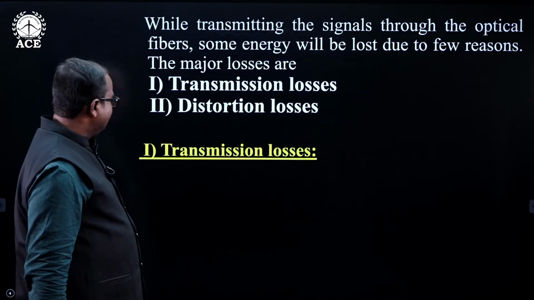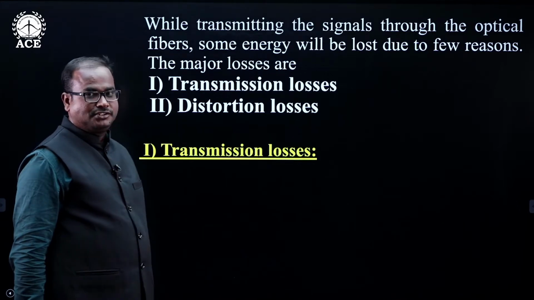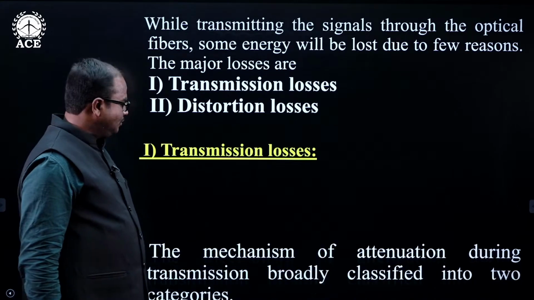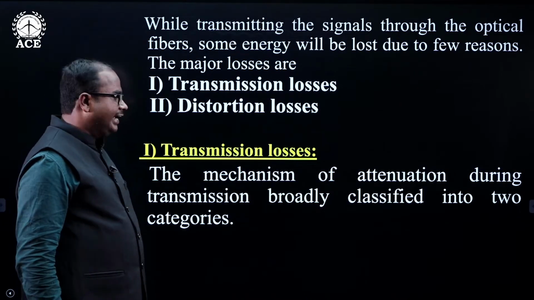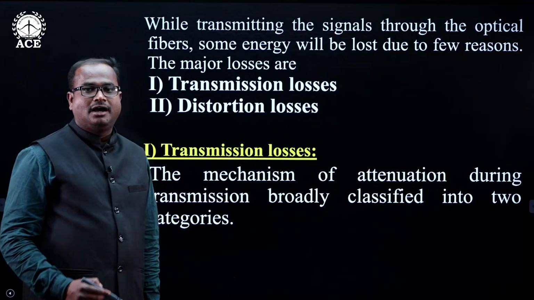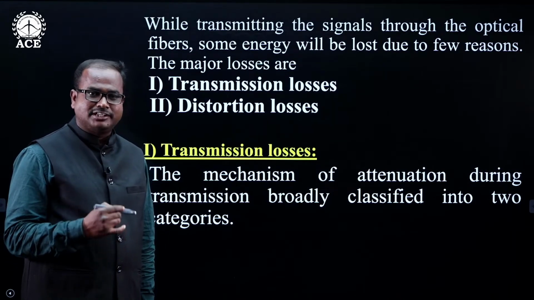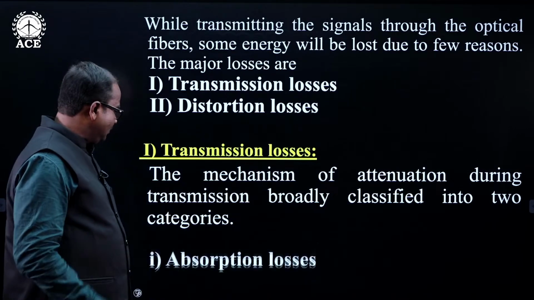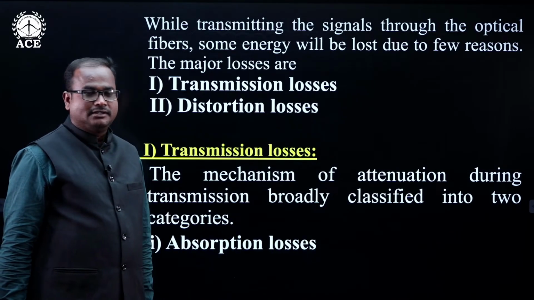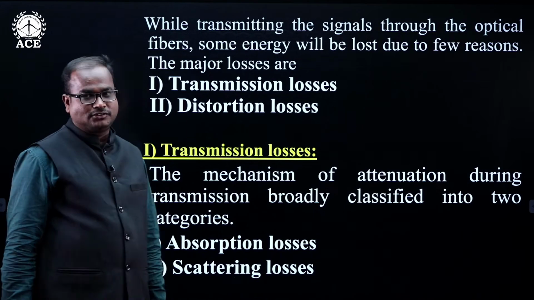Again, these transmission losses. Transmission losses are the mechanism of attenuation during the transmission. Again, these transmission losses are divided into two categories. The first one is absorption losses. The second one is scattering losses.